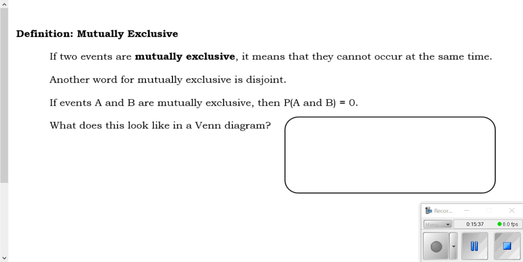So if two events are mutually exclusive, it means that those two events literally cannot both happen. So another word for mutually exclusive, as I just mentioned, is the word disjoint.